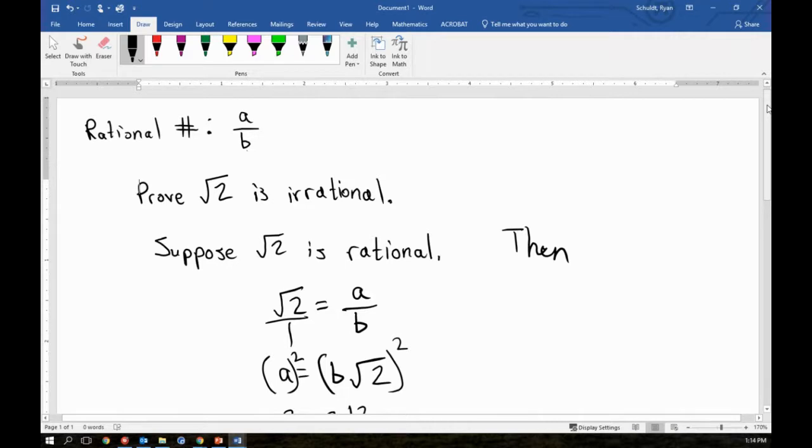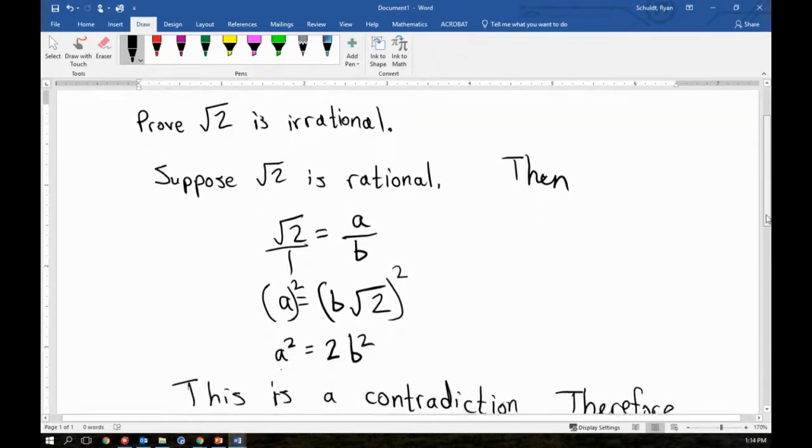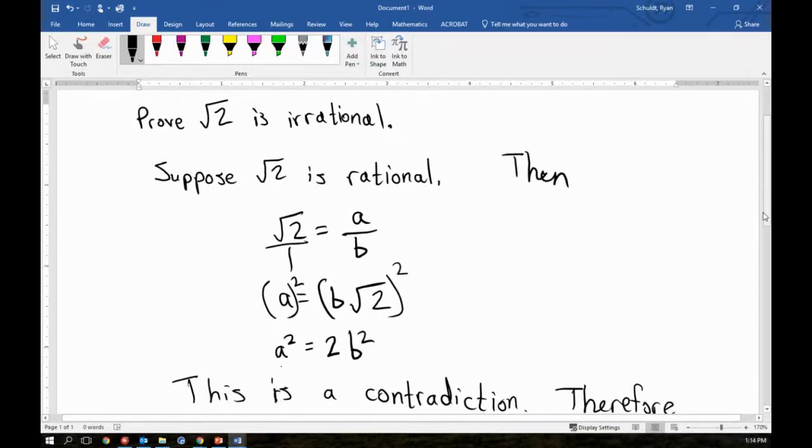Then mathematically, you could work through it and say, okay, well, if it's rational, that means I can write the square root of 2 as a fraction. Then when I cross multiply, I get that a squared equals 2 times b squared. But then that means a and b have something in common.